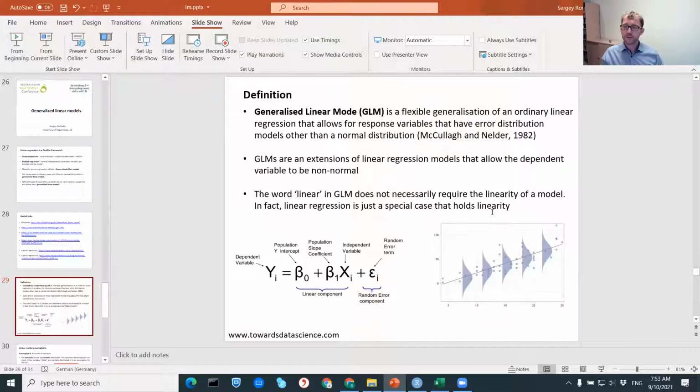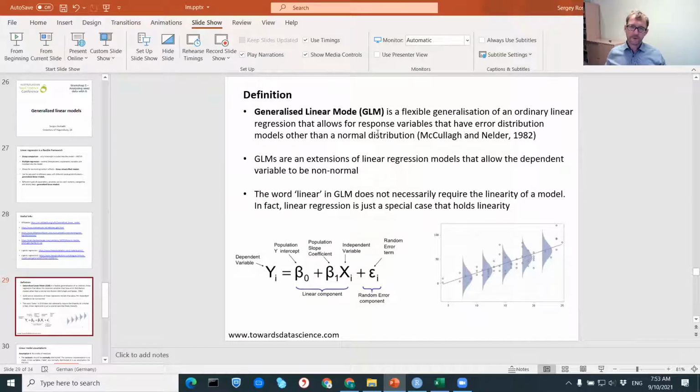The computer uses the very same algorithm to fit the line, but at the same time, this algorithm allows for any kind of error distribution. In the examples above, in the simple linear models, the residuals should be distributed normally, but this generalized linear extension allows for any kind of residual error distribution.